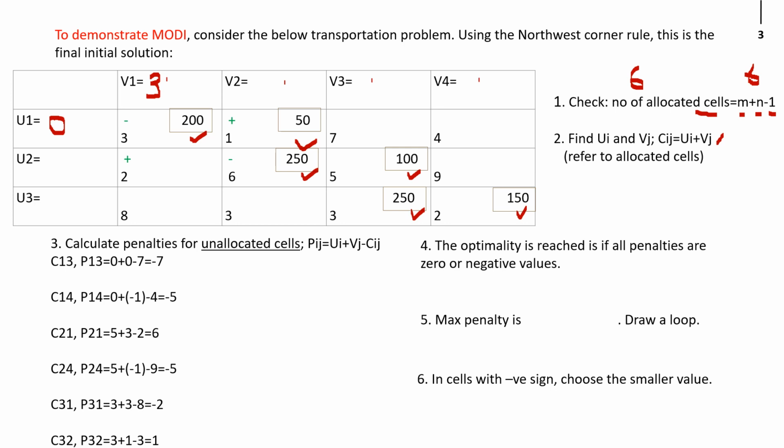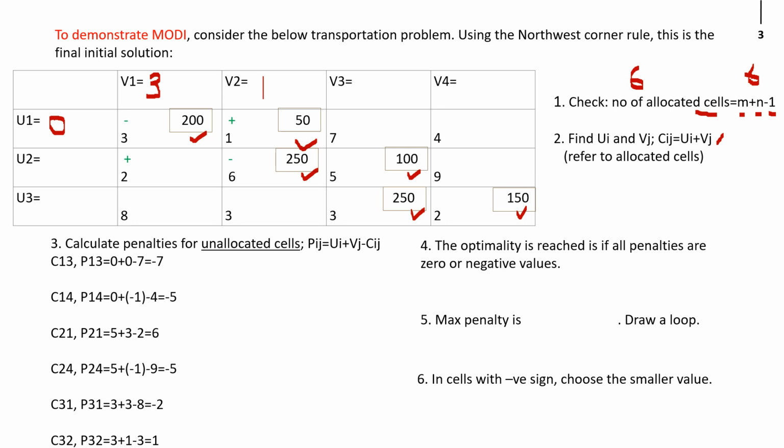Again, U1 is 0 plus V2 equals 1, so V2 equals 1. We now can move to the second row, U2.